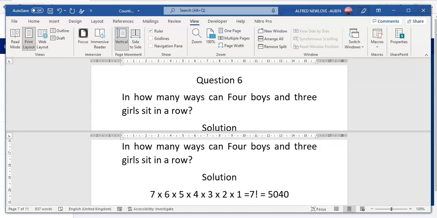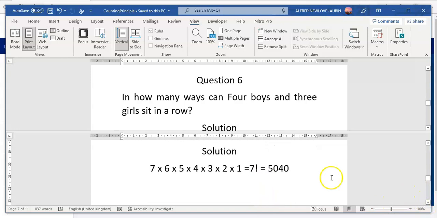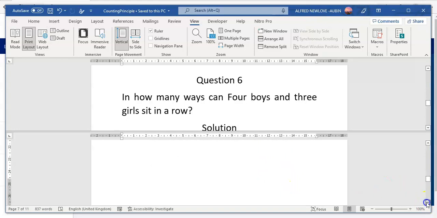And this one is going to give us what? 7 factorial. Okay, let's move on. And if you press this on the calculator, you are going to get 5040.